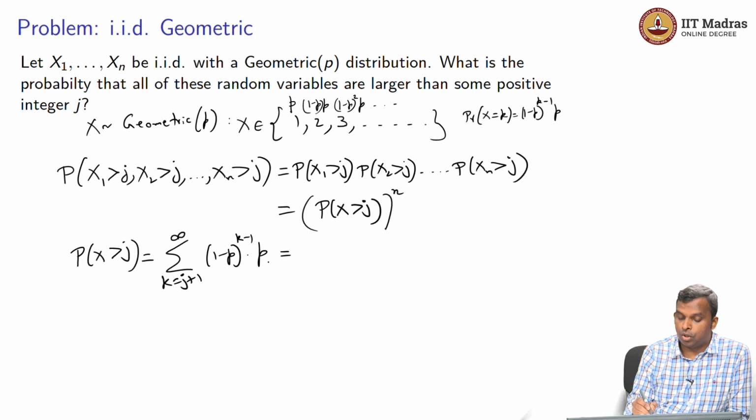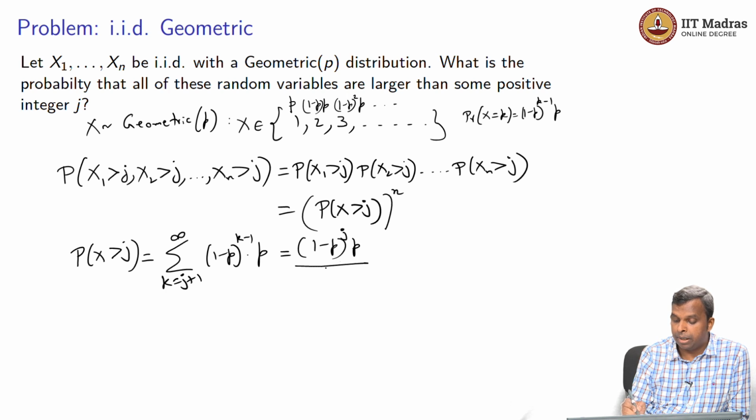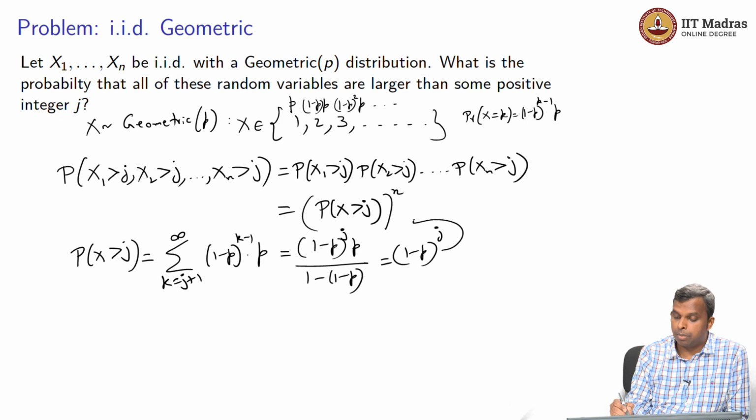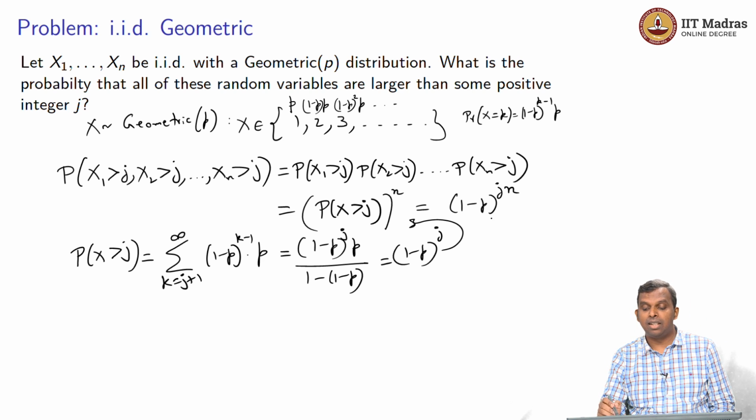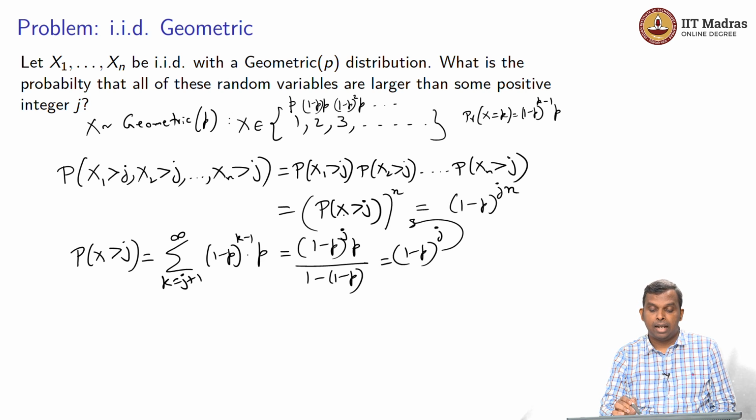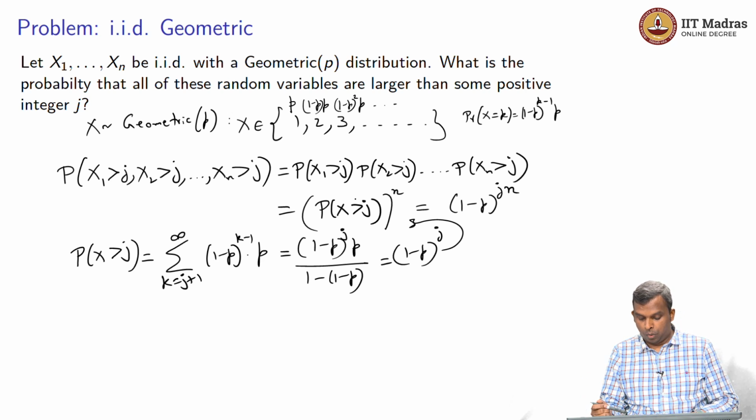This is a geometric sequence with the first term being (1 minus p) power j times p, divided by 1 minus (1 minus p), and that is just (1 minus p) power j. Using this back here, you will just get (1 minus p) power j times n. It's as easy as that. Look at how easily we got to the answer using the property that it's independent and identically distributed.